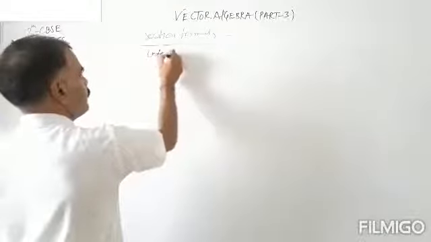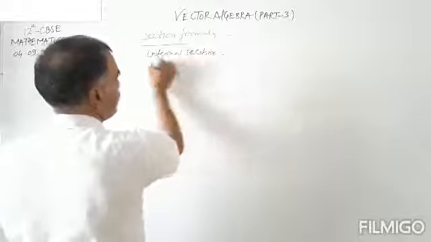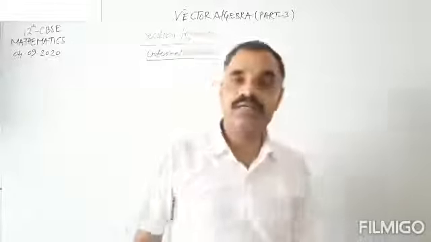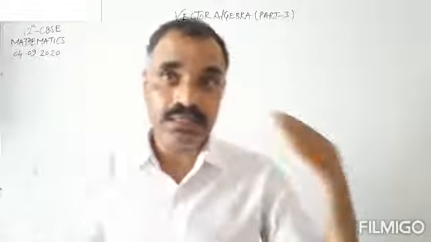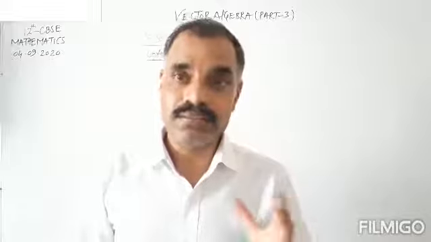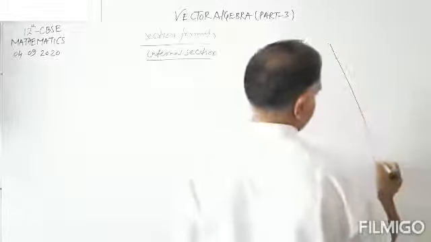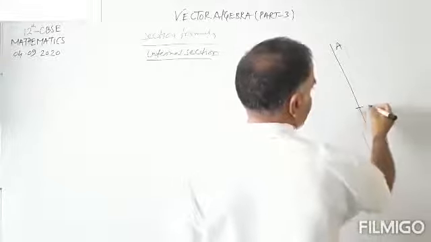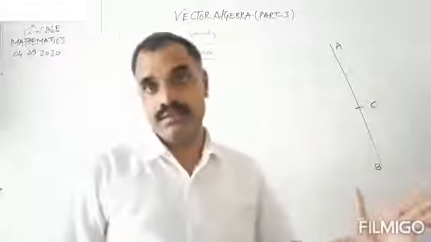Internal section, as the name indicates, internally divides a line segment. Let AB be any line segment and C be any point inside the line segment.